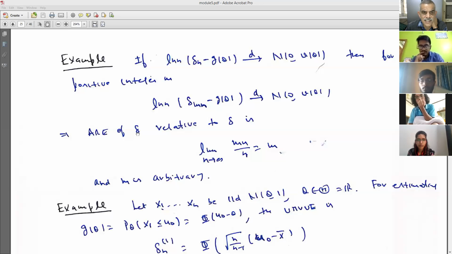The relative efficiency of one relative to the other would be mn by n, so that would create an m, which is arbitrary. That is why you should always look for a normalizing constant of the type n to the power alpha. Is that okay?